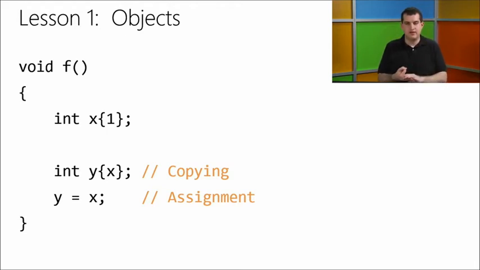They can be initialized, and they exist. Their lifetime is between when they are initialized and when they go out of scope, at least for automatic objects, local variables like we've seen so far. And they can be copied and assigned, and we'll see the distinction between those a bit later.